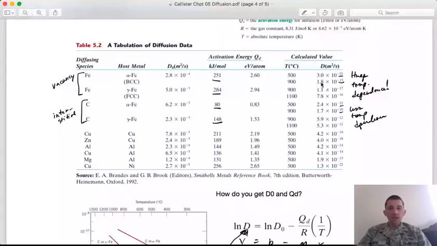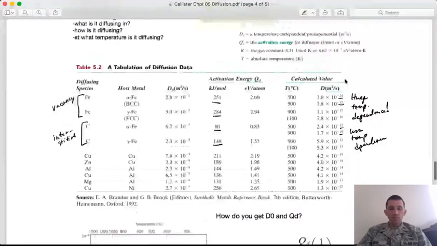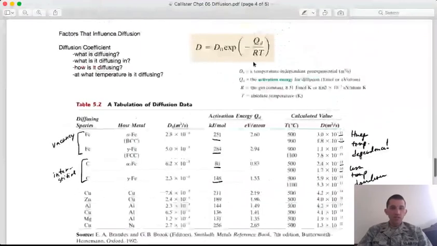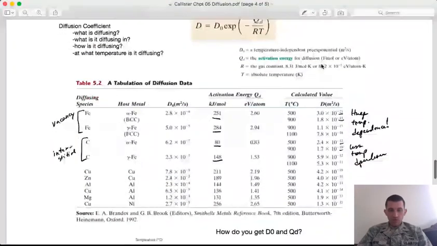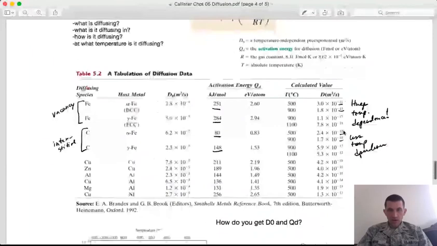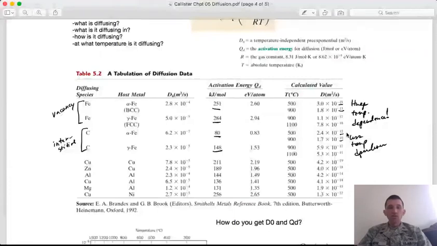And then lastly, I'll point out the temperature dependence. In all of these cases, we have an exponential dependence on temperature. So in every case, if you want to increase the diffusion rate, the easiest way of doing that is to just increase the temperature if you can.